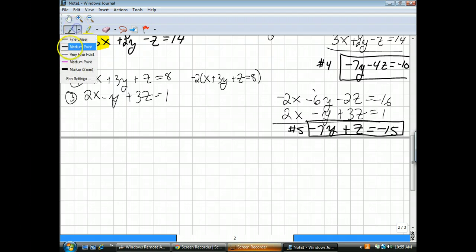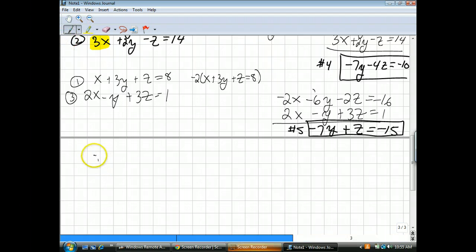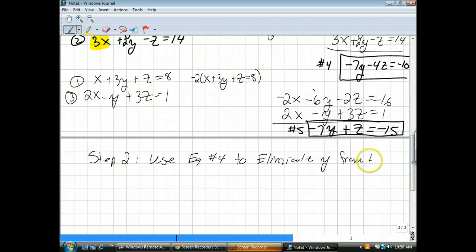Now step 2, use equation number 4 to eliminate y from equation 5.